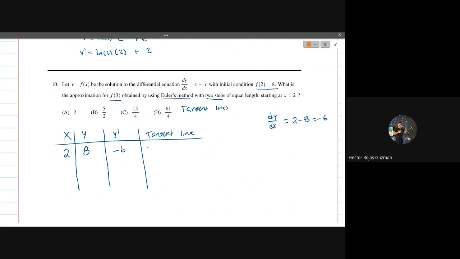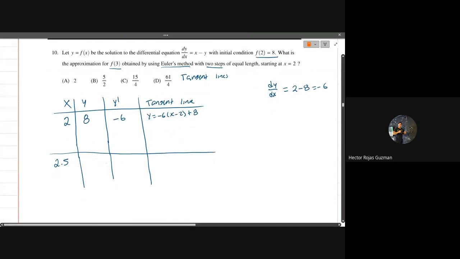Okay, now I can make my tangent line. y equals negative 6, x minus x1, plus y1. And using my tangent line, we're going to find the next y value. See, our goal is to get all the way to 3. And because we're using 2 steps, my next x value is going to be 2.5.